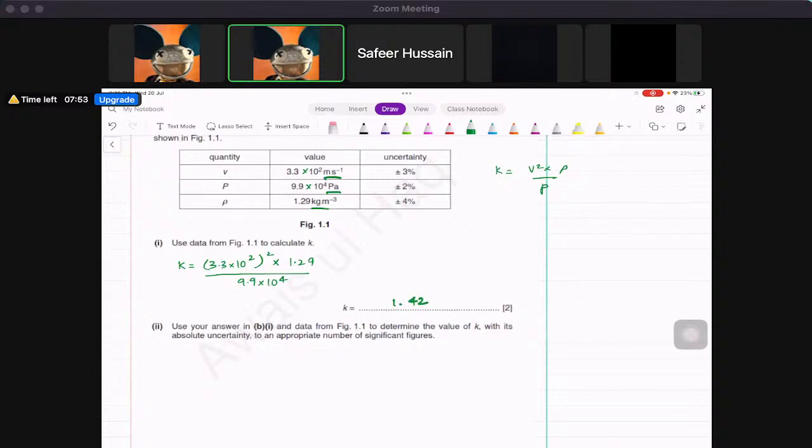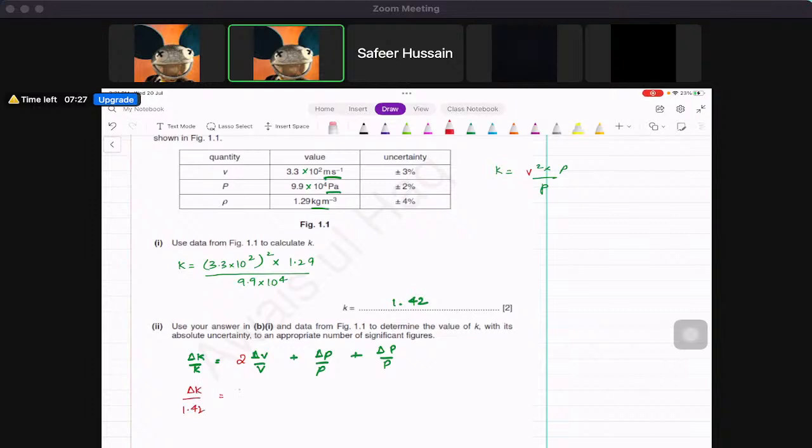So I'm going to write delta k over k equals delta v over v plus delta rho over rho plus delta p over p. Now the only factor that has a square is v, so I'm going to put 2 here, nothing else needs it. So delta k, k was 1.42, 2 times.